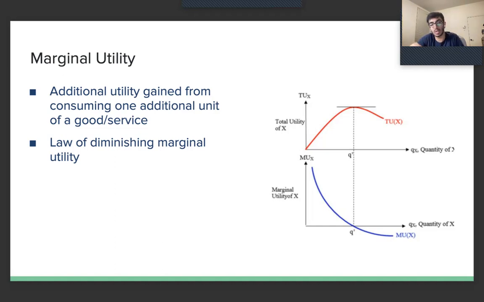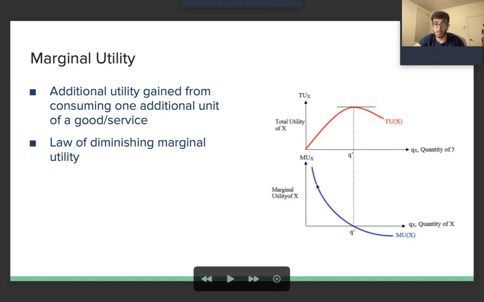And then for the third one, I get even lower additional happiness again, and so on, until eating the next ice cream would give me a negative utility, so would not make me happy at all, like probably a bad stomachache or something. But that's the main idea, that continuously consuming more and more units will give you less and less additional happiness for each of the next good you consume.